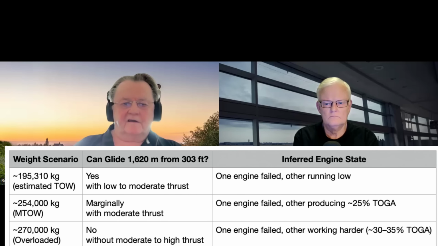And these different scenarios, when you look at them in terms of the low or moderate thrust, it fits with my estimate of a takeoff weight. But it doesn't fit with an aircraft at the maximum takeoff weight, and it certainly doesn't fit with an overloaded aircraft.